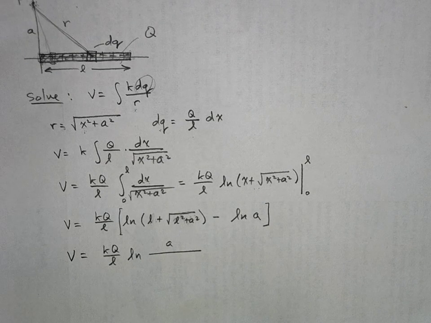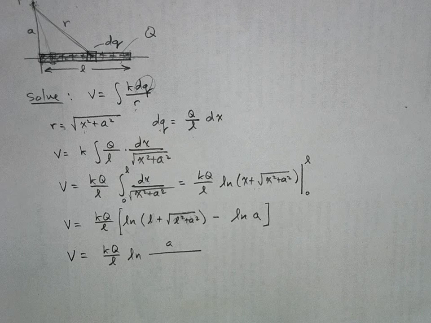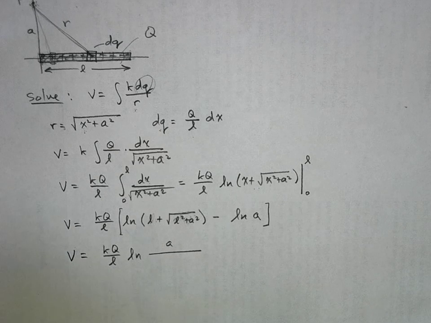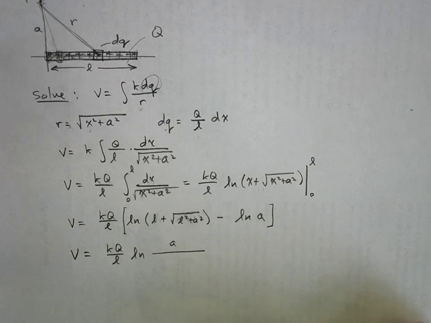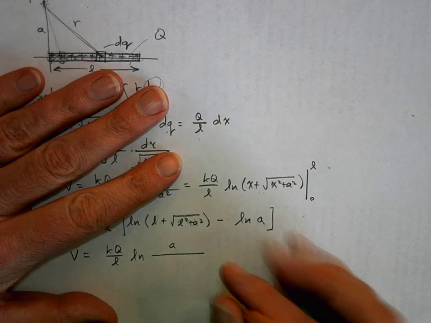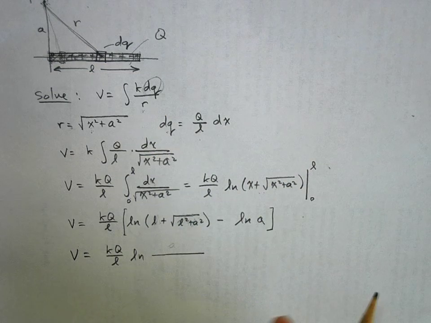The L plus root L squared plus a squared stuff goes on the top, and then the a goes on the bottom. Oh, yeah, this is on the top. Yeah, it's on the bottom.